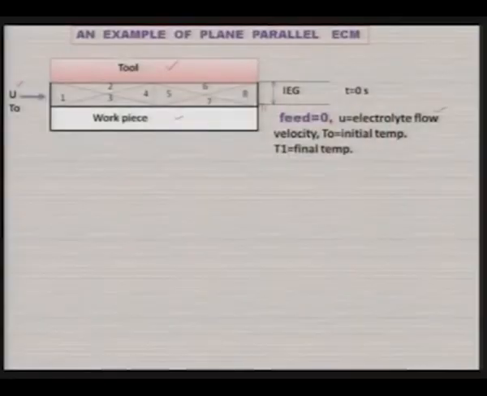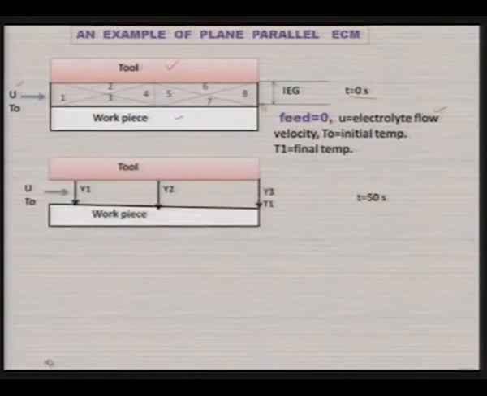Now, this is at the 0 second time. Once you have done the machining, then what will be the shape of the inter-electrode gap? As you can see here, this is the initial one. As you move in the forward direction, or in the direction of flow of the electrolyte, the inter-electrode gap has increased, because feed rate here is 0 and material is being continuously dissolved from the workpiece.